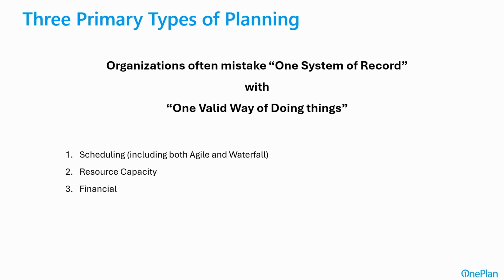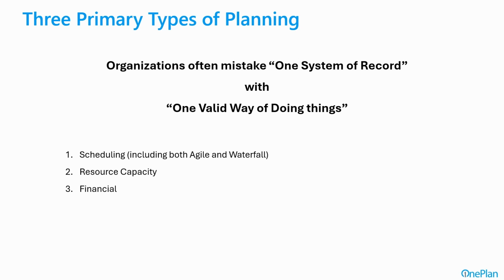The second way is resource capacity planning. The big difference between the schedule, which is project and outcome specific, and resource capacity planning is that resource capacity planning is resource centric. So you are most concerned with saturating and utilizing your resources.